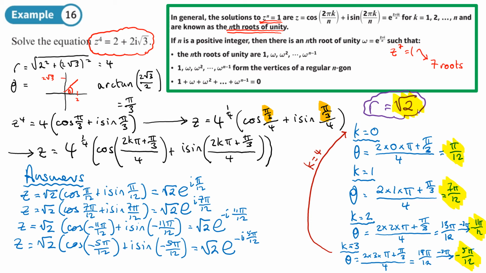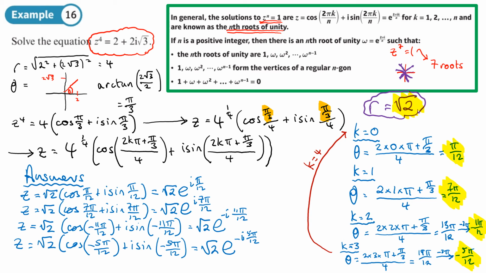And there's also something special about these roots. These roots form a geometric pattern. So if I had 7 roots, 1, 2, 3, 4, 5, 6, 7, I'd have something like that. Not drawn very well.